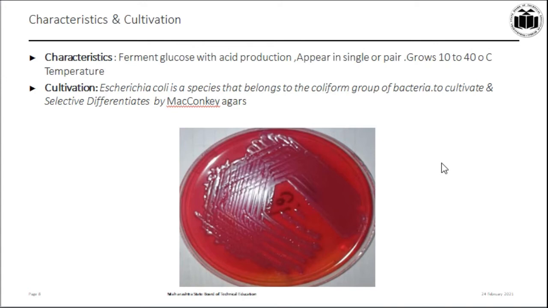Now we will look at the cultural characteristics and cultivation methods for E. coli. When E. coli is isolated from a known species on a known media, it requires a temperature of 10 to 40 degrees Celsius, and it has the ability to ferment glucose, and while utilizing glucose it produces acid.